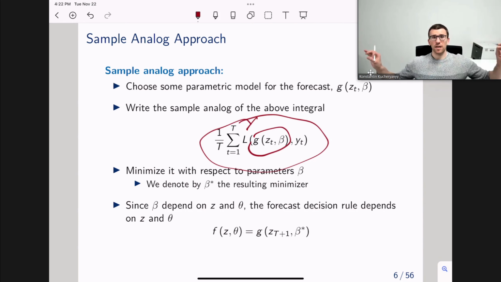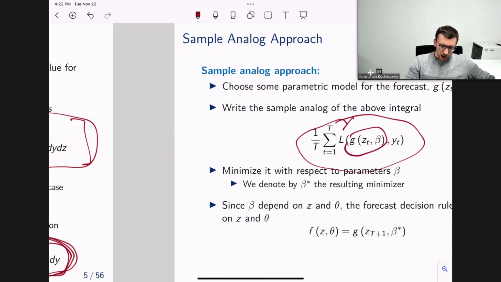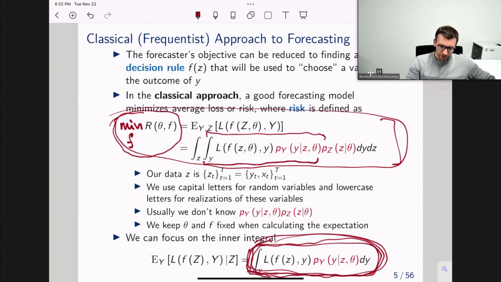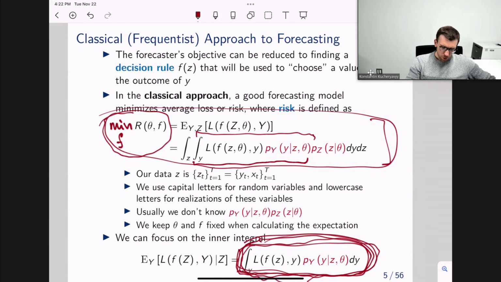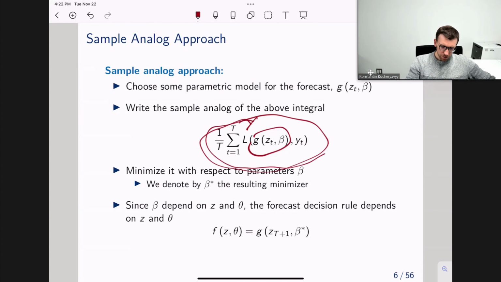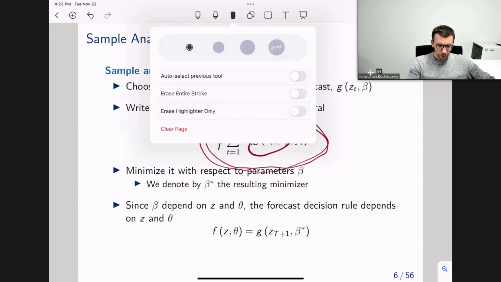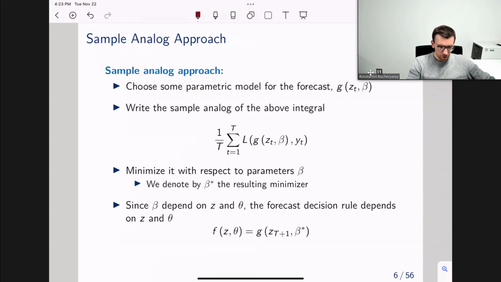And there can be a disconnect between them. For example, it can happen that the expected loss just doesn't exist in the population. It just blows up. While this object always exists because we always deal with finite samples. That is the first issue. And then how should we think about what we are doing here? So it's a bit of an issue.